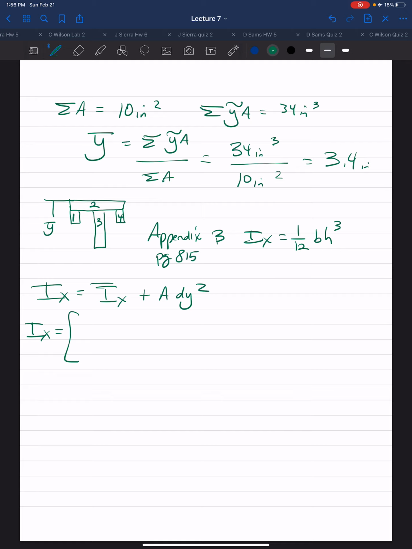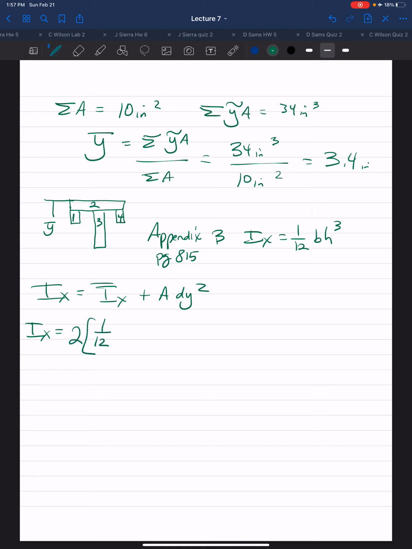So for segment 1, 1/12 the base times the height cubed. And remember, segment 1 and segment 4 are identical, so we'll put 2 times.